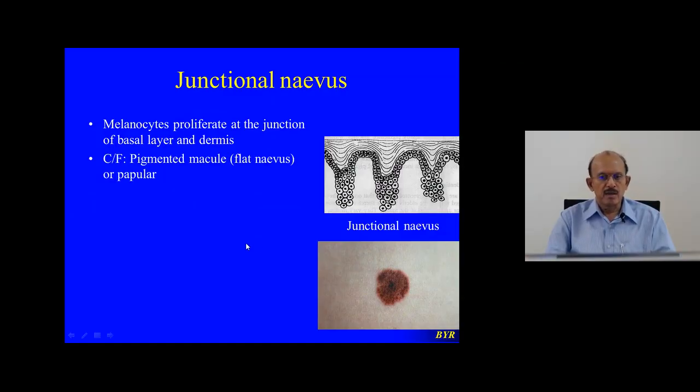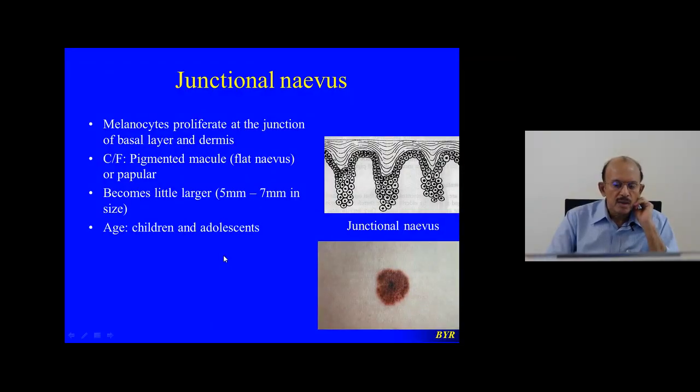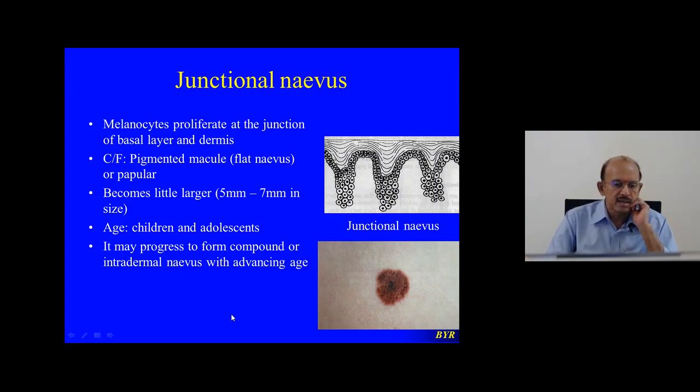Clinical manifestation is a pigmented macule or flat nevus, which may be papular like this. It becomes a little larger, 5 mm to 7 mm. Age: children and adolescents. It may progress to form compound or intradermal nevus with advancing age. So these can progress into the dermis with age. It has no malignant potential as thought before.